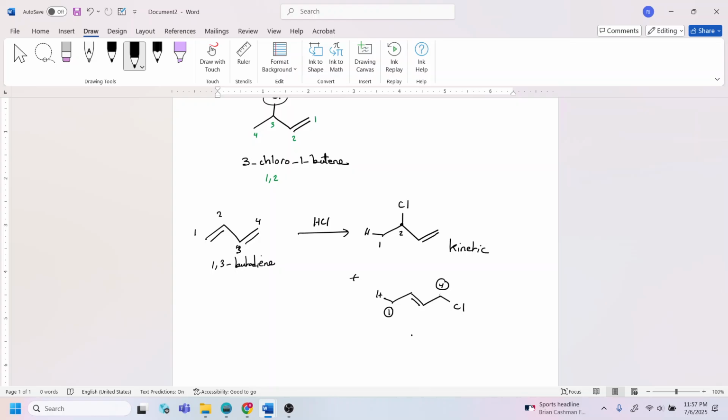This is the thermodynamic product. But as I said, because we want the kinetic, which is the 1,2 product, we're not going to be using heat. Now we know that we have to start with the 1,3-butadiene and we're going to add HCl.